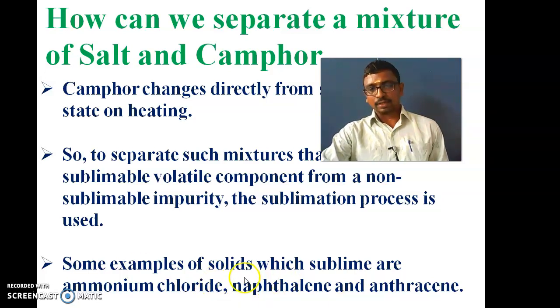Naphthalene is an organic compound, and anthracene is also an organic compound. These compounds sublime. Sublime means they easily vaporize when we heat them, converting directly from solid to gaseous state.